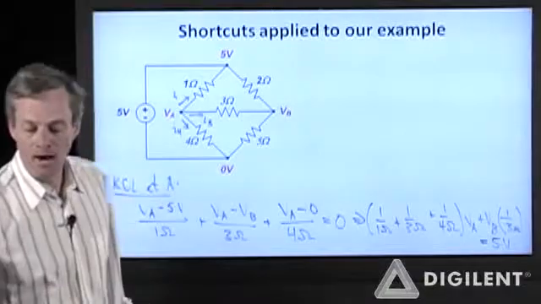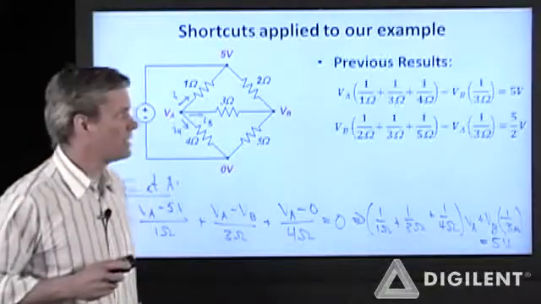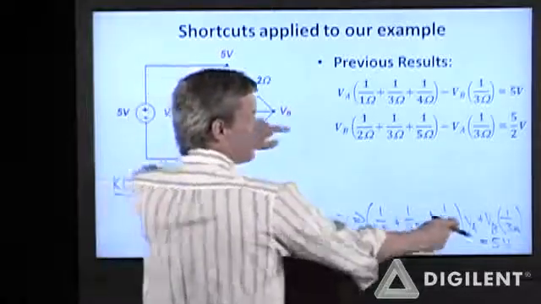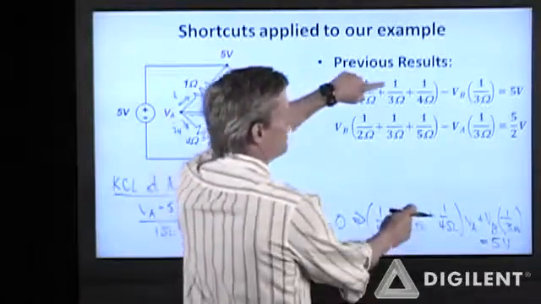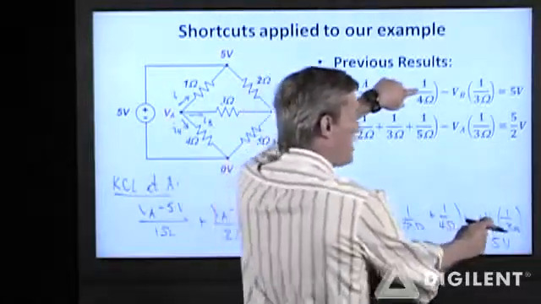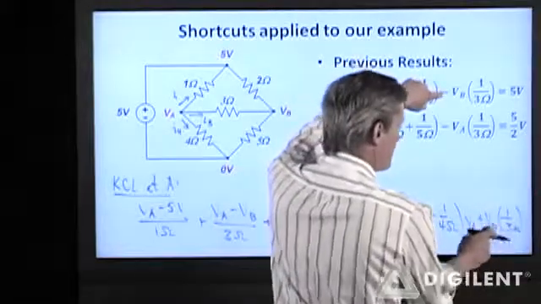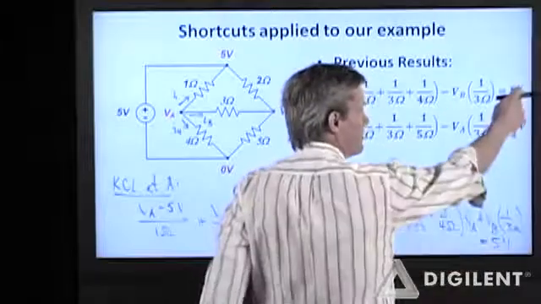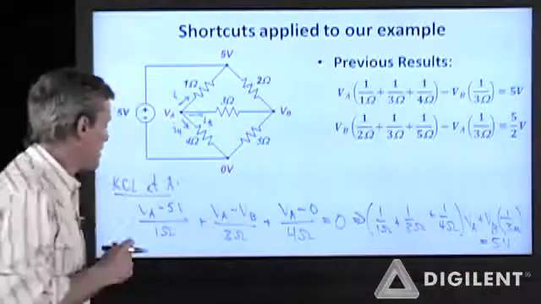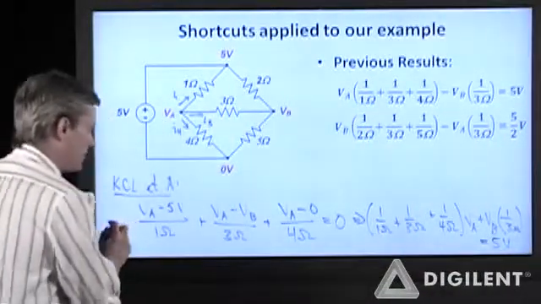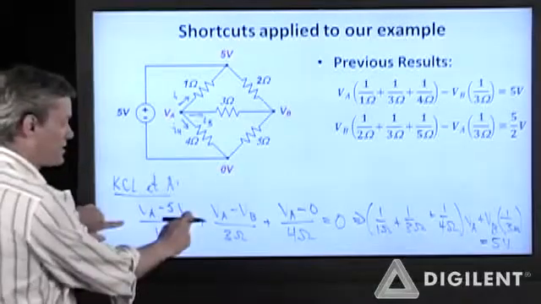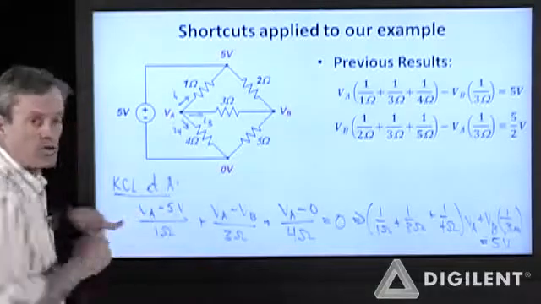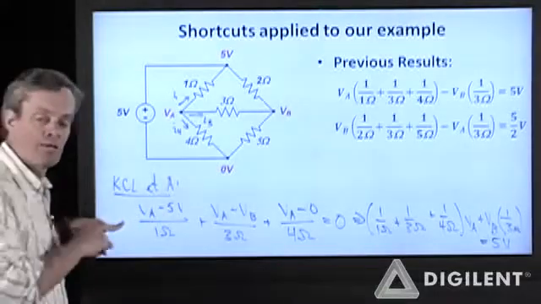Now, if I look at what I got previously, my equation for V sub A is the same as this one. V sub A times 1 over 1 plus 1 over 3 plus 1 over 4, minus V sub B times 1 over 3 ohms is 5 volts. The minus sign that I originally had around this term here was offset by the fact that these two terms have swapped order now from what I did previously.